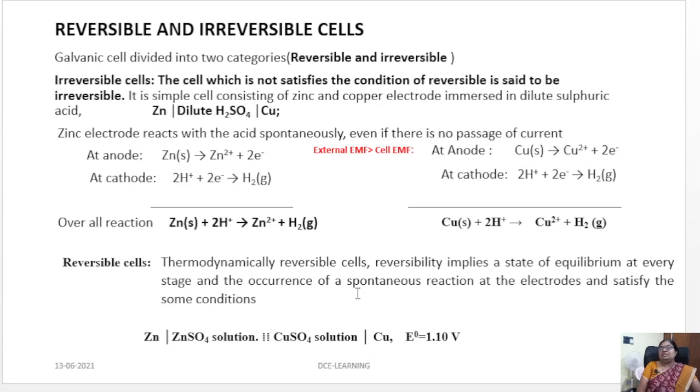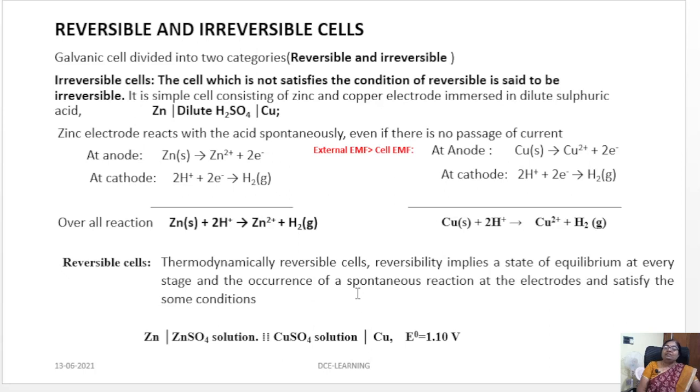A simple example to keep in mind: in a galvanic cell, zinc is dipped in zinc sulfate and copper in copper sulfate. Instead, if both electrodes are immersed in dilute sulfuric acid, then, as you know about metals reacting with acids, there will be liberation of hydrogen gas. The same reaction happens here.